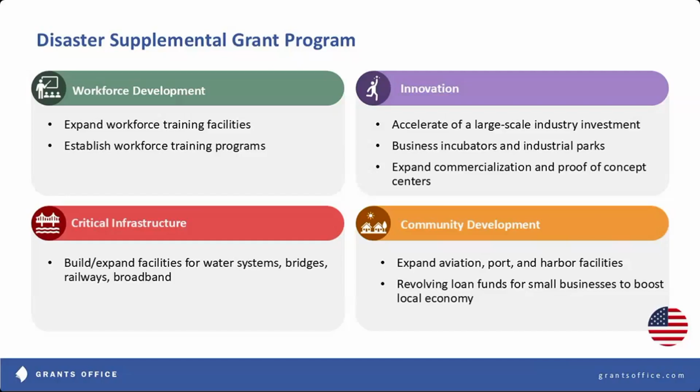And then the last thing is the community development side of things. You can expand access to aviation, port, and harbor facilities. You have revolving loan funds for small businesses to help boost the local economy. Those are some examples of the community development side of things. And these are just 4 examples of grants.